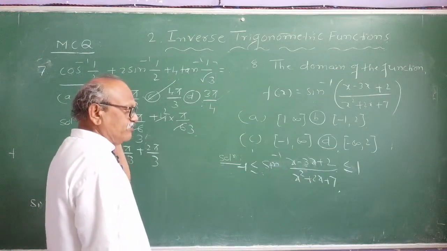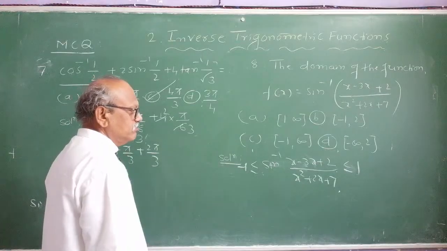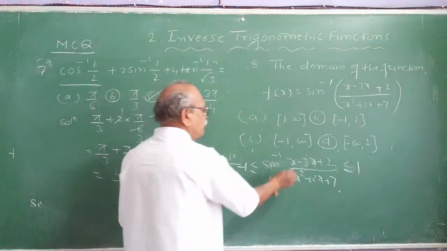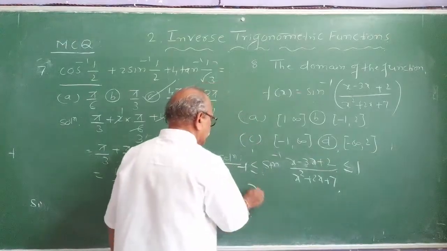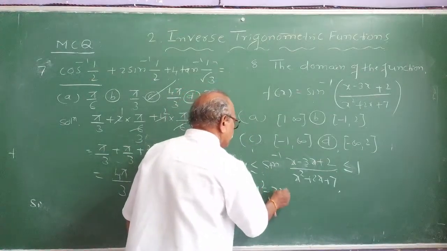Can you get the factors of it? If you take x square minus 3x plus 2, can you get the factors?